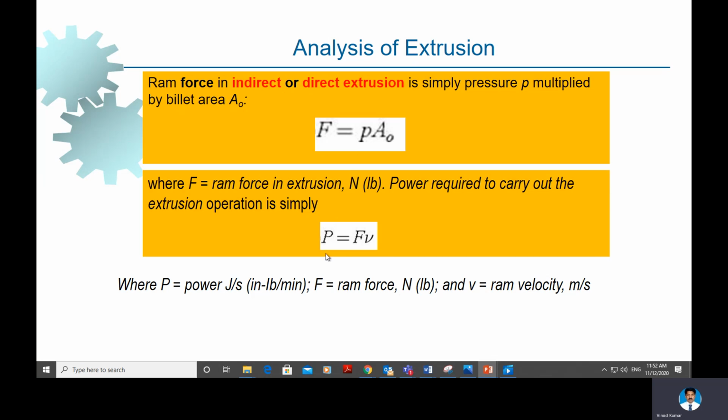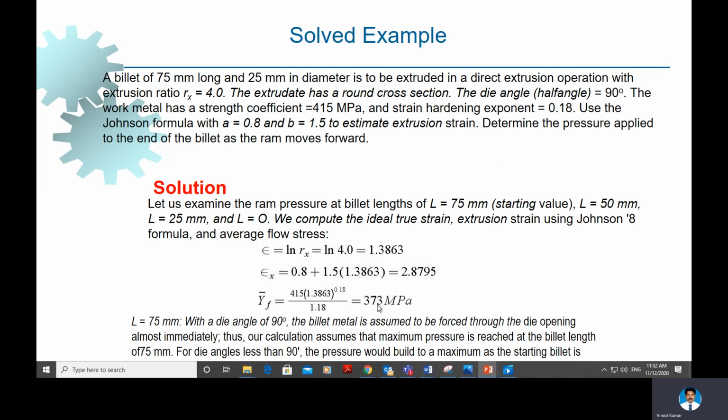Also, the power required can be calculated as force times the ram velocity. Using this equation, the power required for the extrusion process can be calculated. As engineers, our aim is to find how much force, pressure or power is required for an extrusion process. So power can be calculated as force in Newton times ram velocity in meter per second.